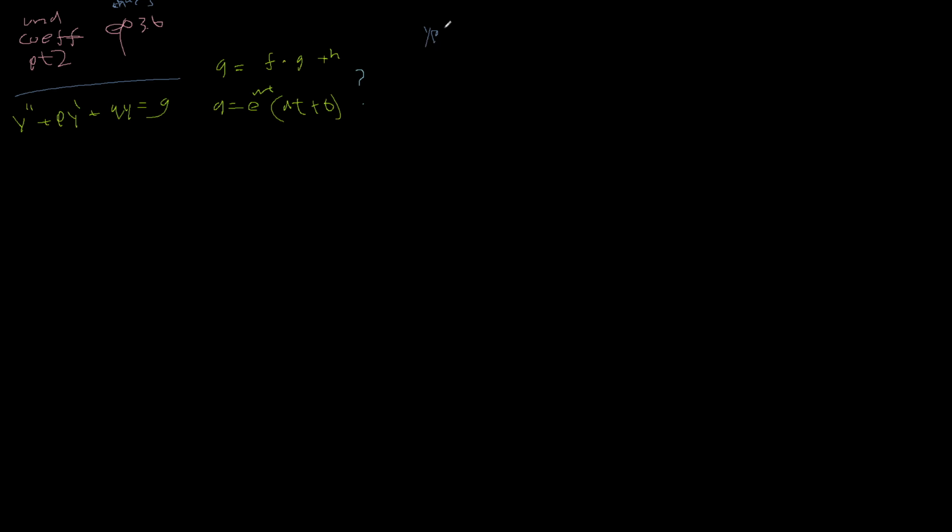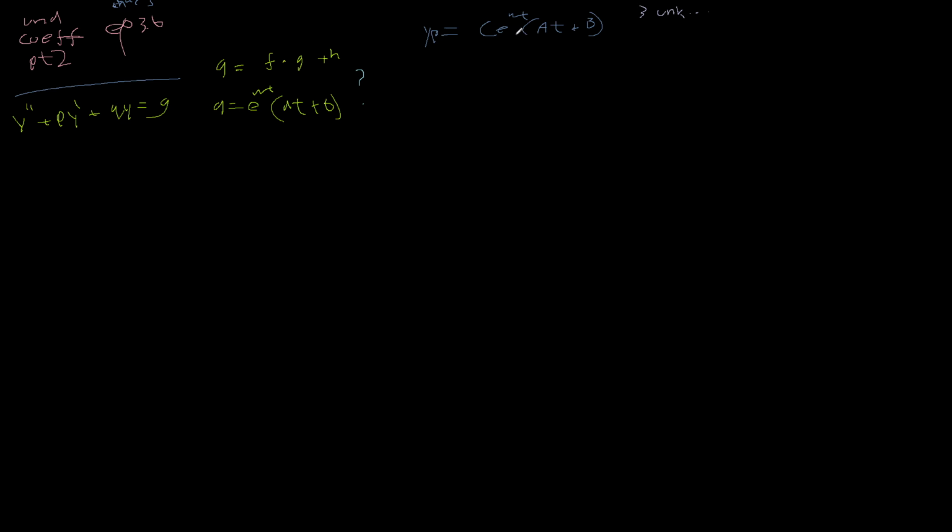So yp is equal to, we're going to make our guess, e to the omega t times (at plus b). But this has 3 unknowns, and so we're not going to have enough equations if you actually try to work it out and solve this.